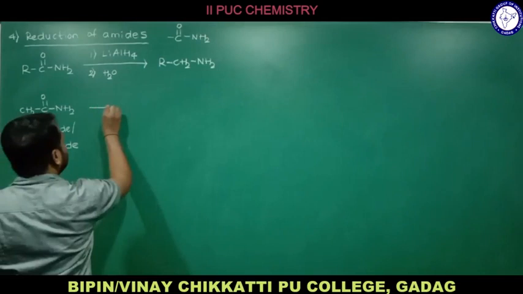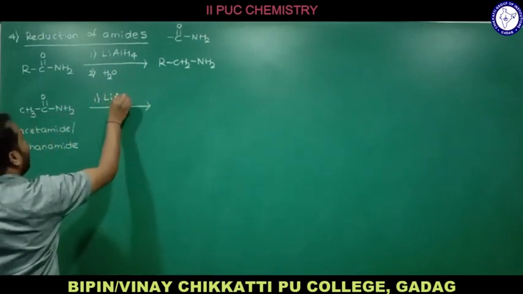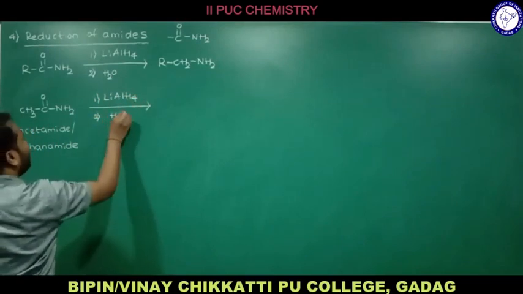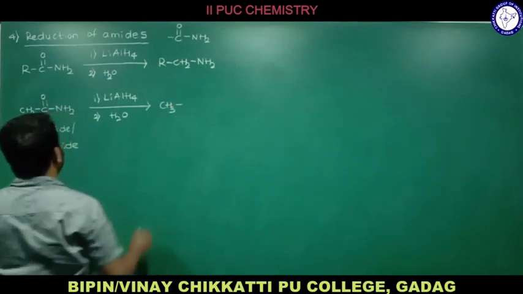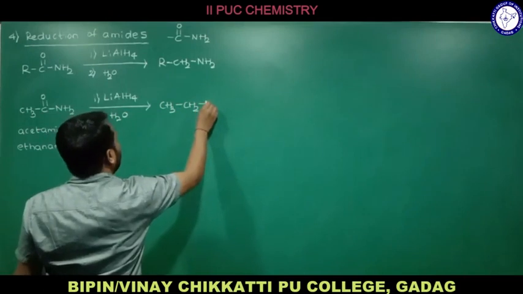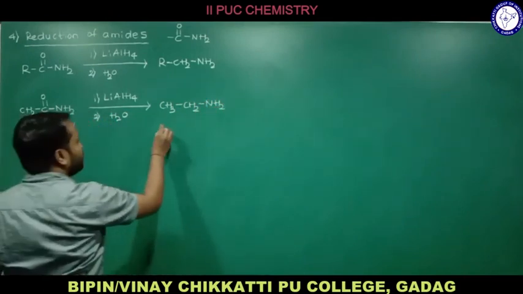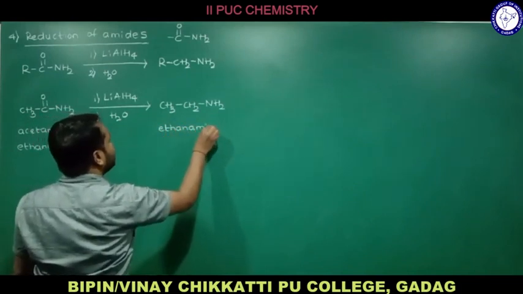This has to be reduced in the presence of lithium aluminium hydride, followed by hydrolysis. And what we get is CH3, and this has to be reduced to CH2, and we have NH2 as it is. Since we have two carbons, the name of this compound would be ethanamine.